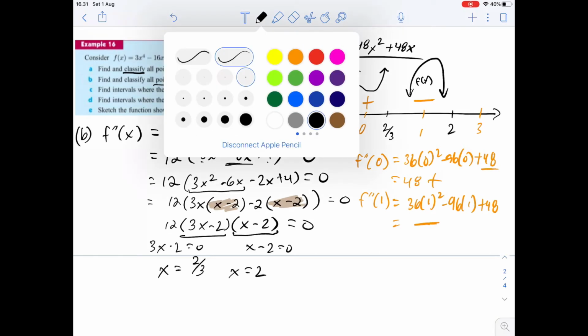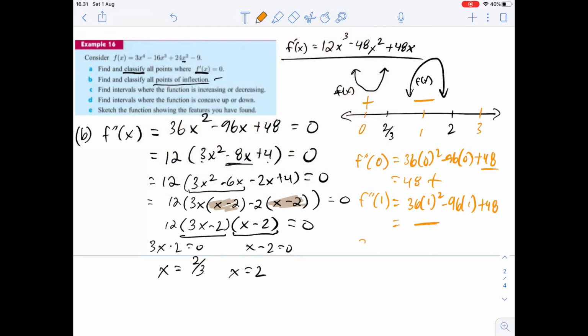And last but not least, we have f double prime, not of x, but of 3. Again, I'm just going to use my calculator here because we're not necessarily trying to see if we can plug numbers in. That's not what we're learning today. We're just learning about inflection, stationary, how all this kind of comes together.